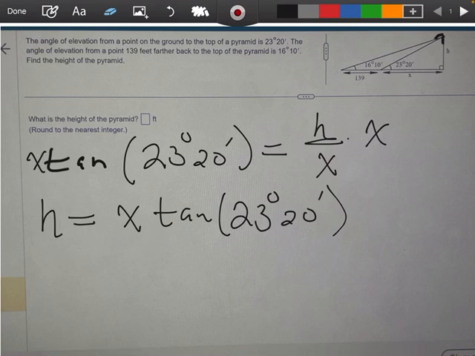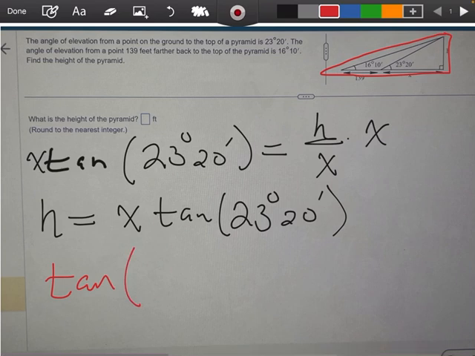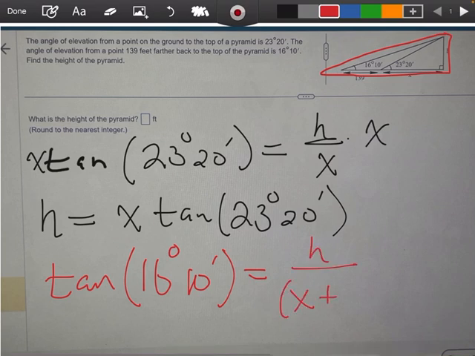Now I'm going to look at this triangle. We could say that the tangent of 16 degrees 10 minutes is going to be equal to the opposite, which is h, all over x plus 139.